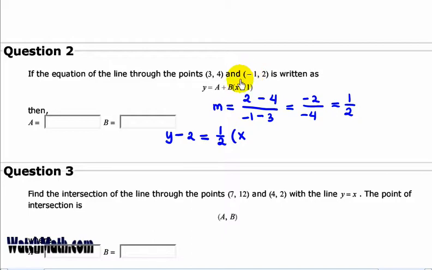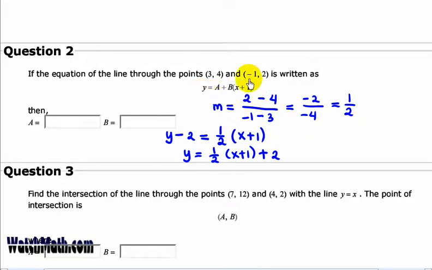So x minus -1 will be x plus 1. Now we can rewrite this equation as y equals 1/2 (x plus 1) plus 2.